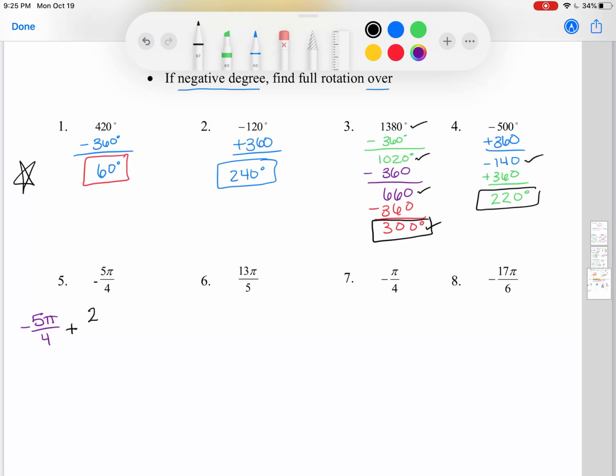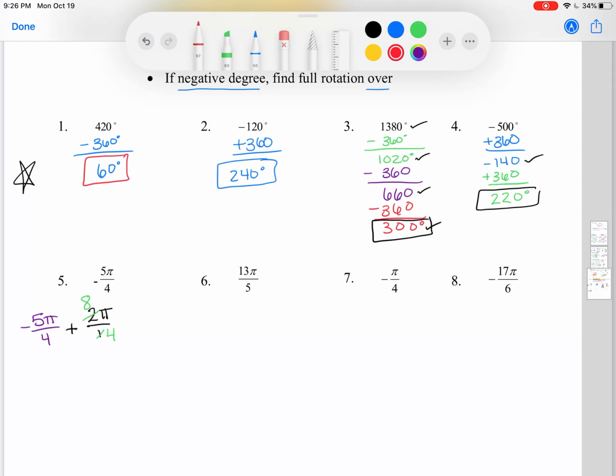I have negative 5 pi over 4. Well, first of all, it's a negative, so I can't have a negative as an answer. So I have to add, and I'm adding a rotation of 2 pi. All right. Well, I have a fraction plus 2 pi, so if I think of my rules with fractions, let's make that 2 pi over 1. I need to have a common denominator. So if I look at 4 and I look at 1, their common denominator will be a 4.